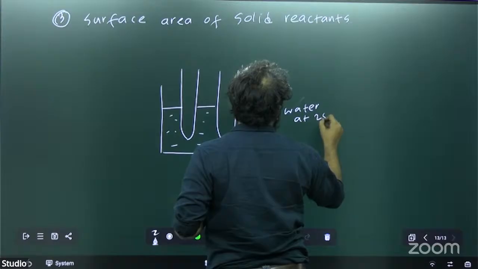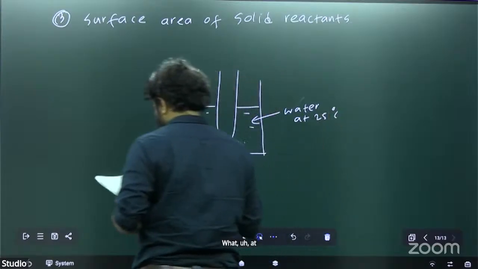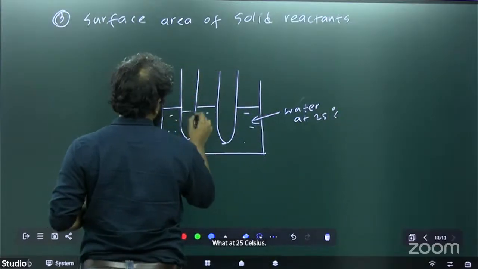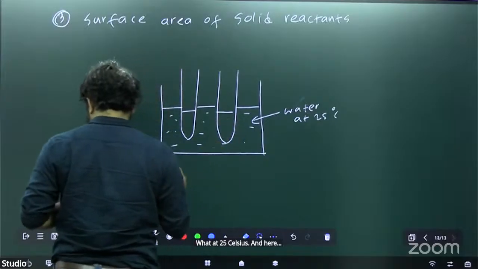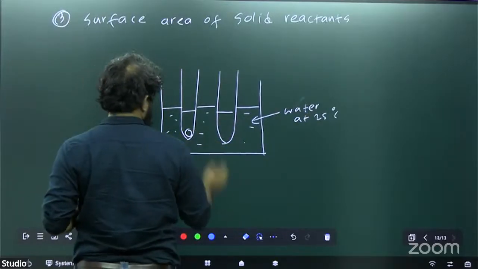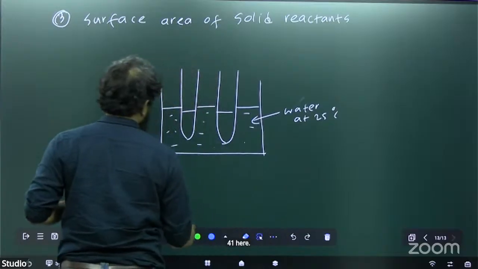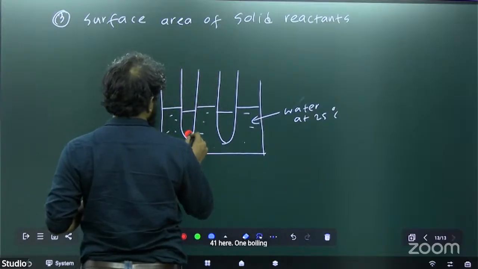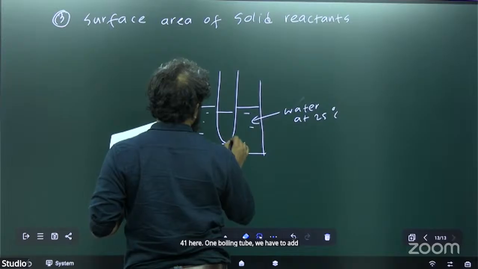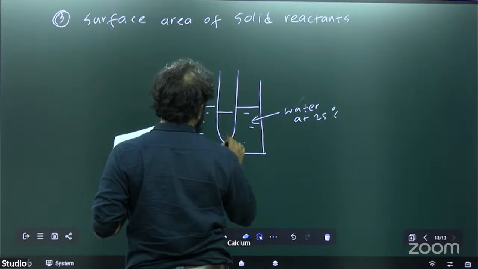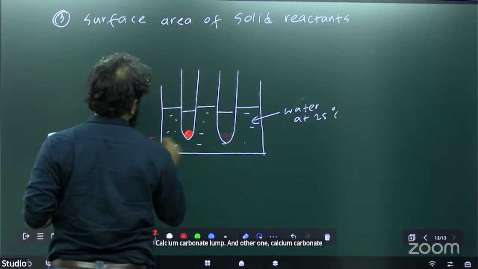For one boiling tube, we have to add calcium carbonate lump and the other one calcium carbonate dust.